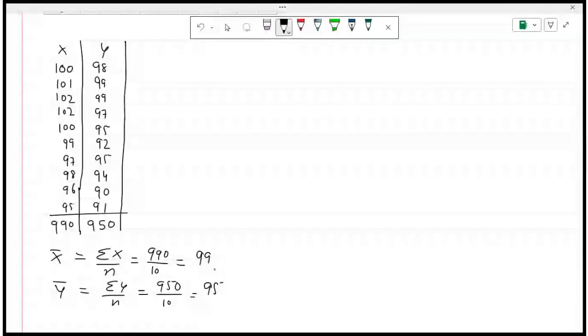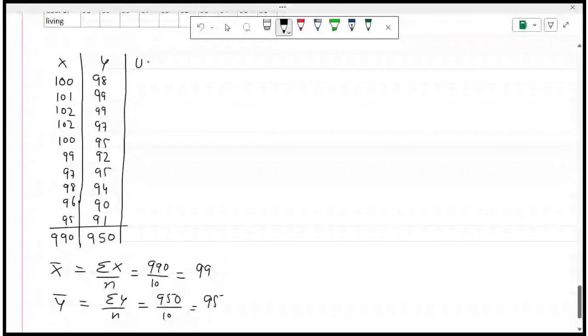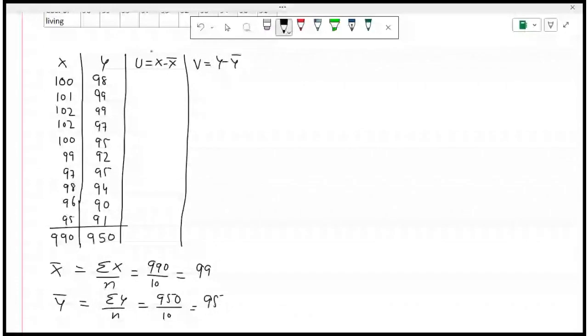So u is equal to x minus x bar and v is equal to y minus y bar. x bar is 99 and y bar is 95.